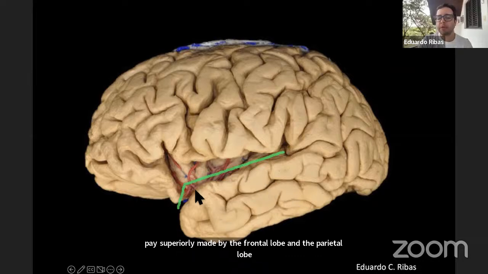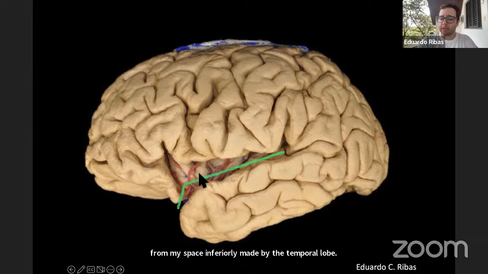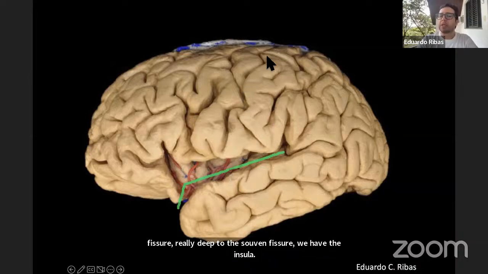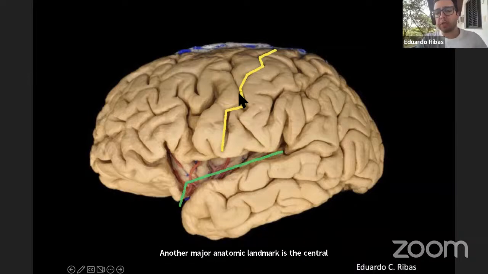And inside the Sylvian fissure, really deep to it, we have the insula. Another major anatomic landmark is the central sulcus. The central sulcus can be distinguished from the other cerebral sulci by 3 main anatomical aspects.